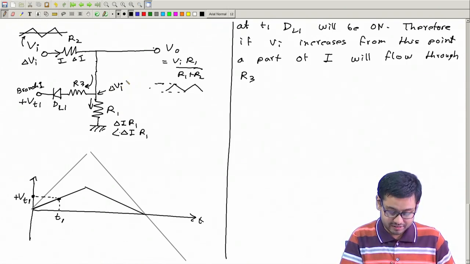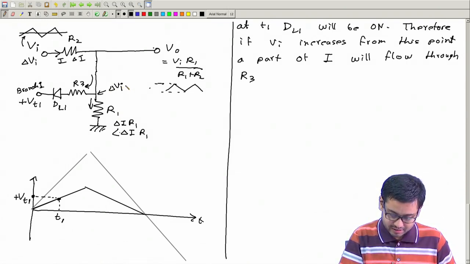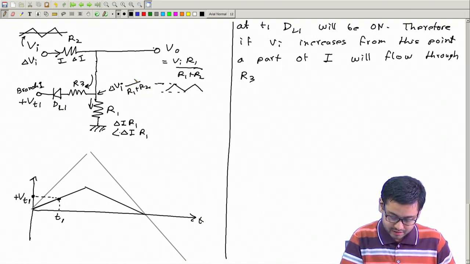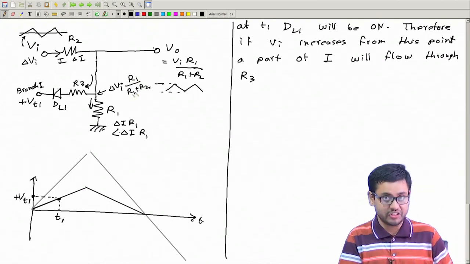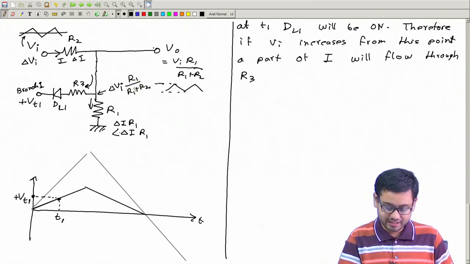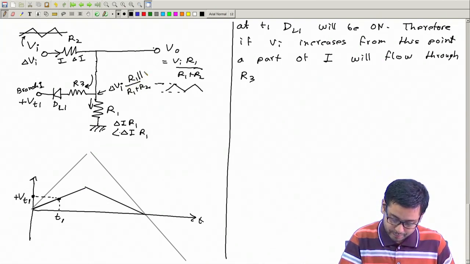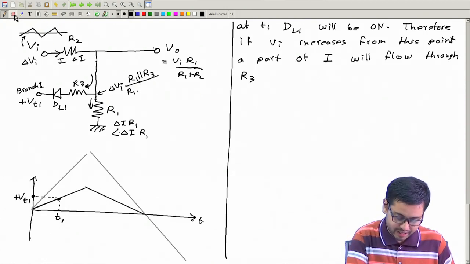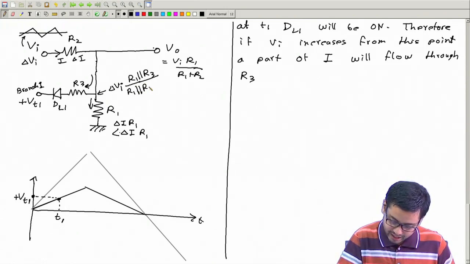What fraction? It is not R1 by R1 plus R2. It is not this. Instead, it will be R1 parallel R3 divided by R1 parallel R3 plus R2.